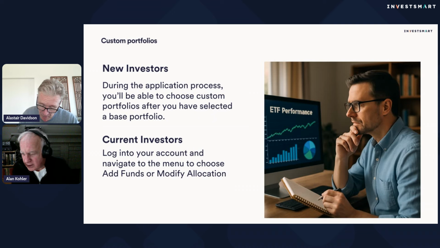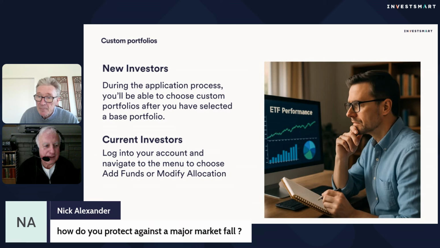Nick says, how do you protect against a major market fall? Which I'm not sure you can really, but anyway, go on. No, I've got to say, Alan, I was going to let you answer this one, but we can't. Now, I'd love to say we have the best crystal ball in the world, and if I did have it, I would make it cleaner than my glasses so I could see what was happening. We don't have that.